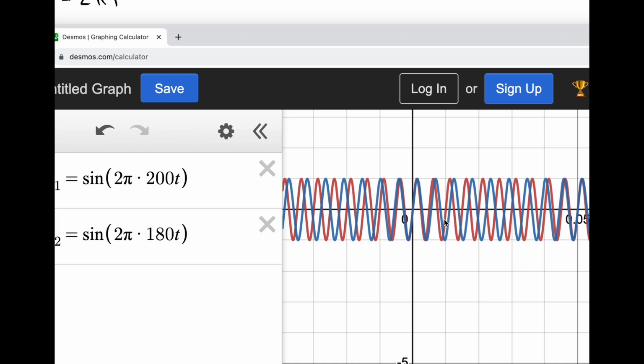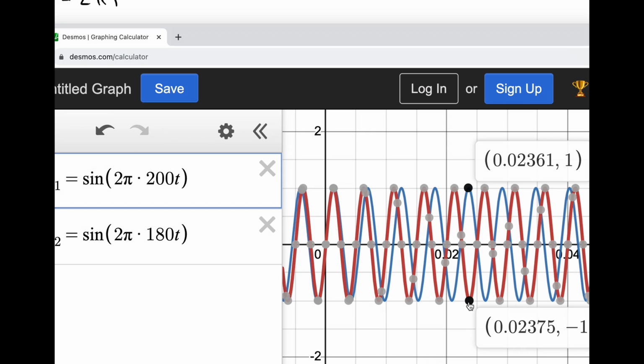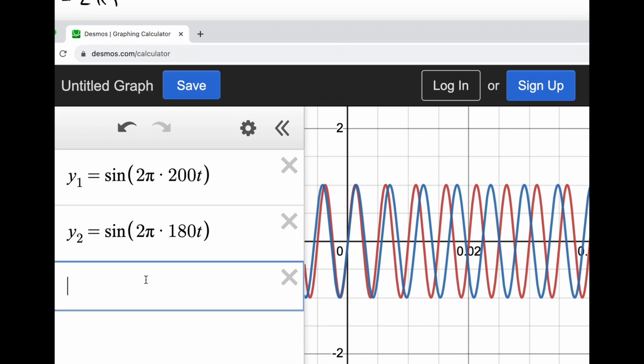At the times that the waves are in sync, they're going to add together constructively when we do y1 plus y2, and this peak is going to get pretty much twice as tall. In this region, though, we've got a crest matched up with a trough, and so when we add those two wave parts together, they should cancel out to 0. Let's look at the resultant wave when we add y1 plus y2.